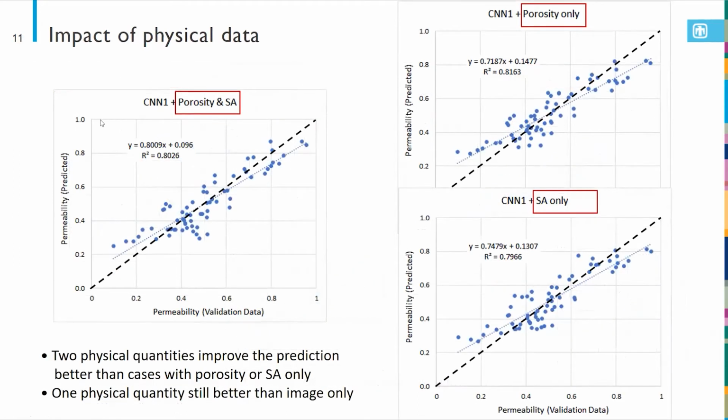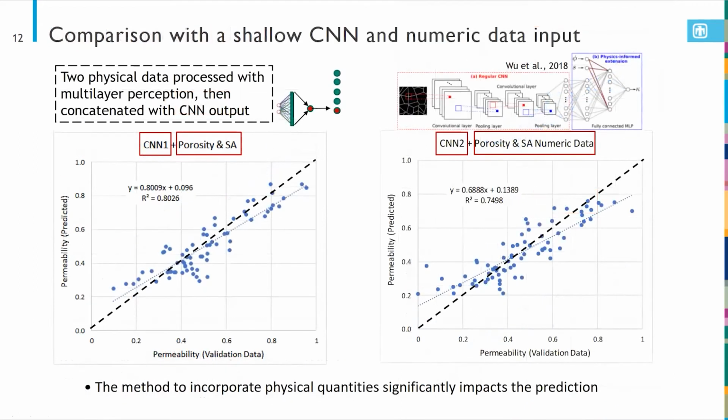We compare this result with porosity and surface area versus only one physical data, so porosity only and surface area only. And as expected, inclusion of two physical quantities improved model prediction compared to the result with one physical piece of information. Obviously, this demonstrates that more information would enhance our model performance in general.